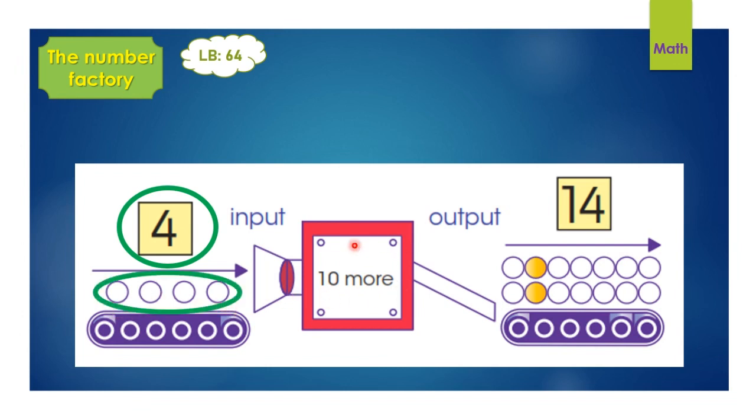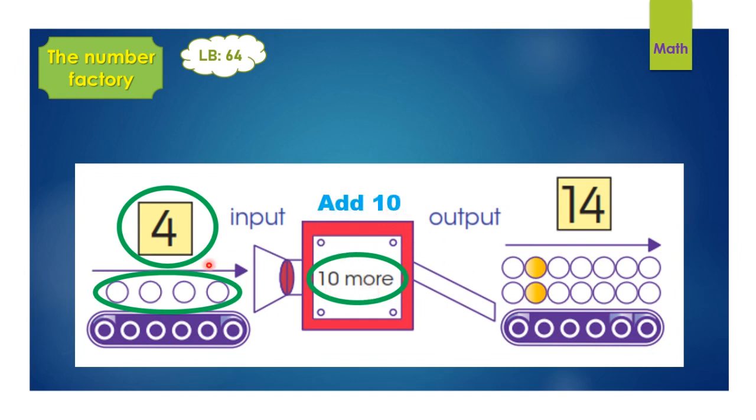When I put it inside the machine, it wants to make 10 more. Hurry up, tell me, when I say more, is it add or take away? It's add. Yes, very good. And here, add what? Add 1 or add 10? Yes, it's add 10. So 10 more means add 10.